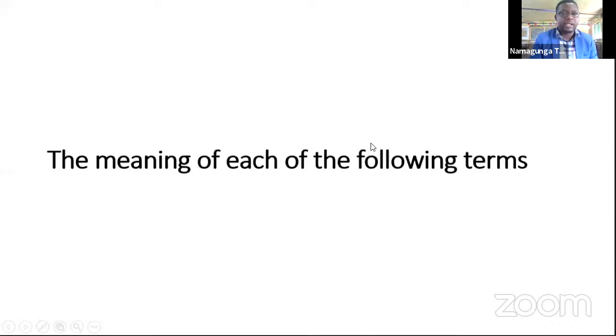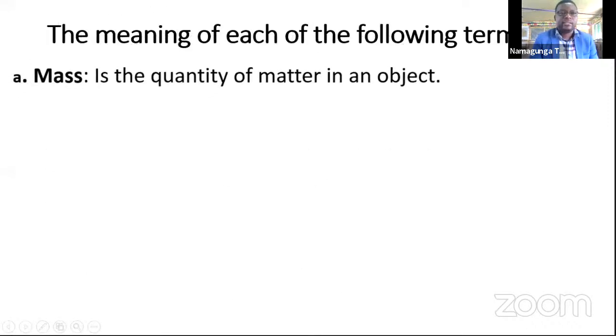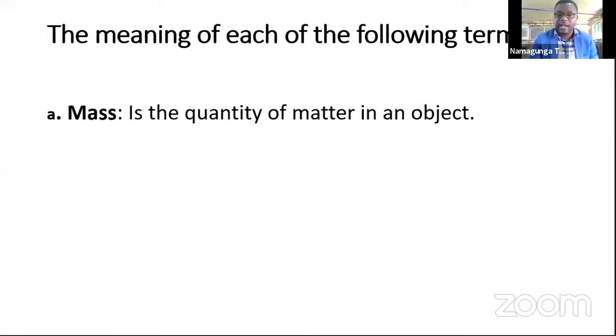So when can I get someone to define for us weight? Asinguza, please, can you unmute and define for us weight?